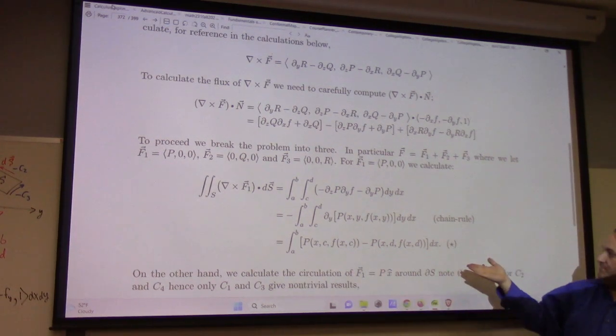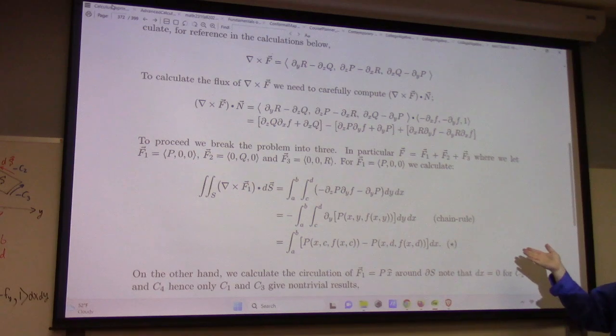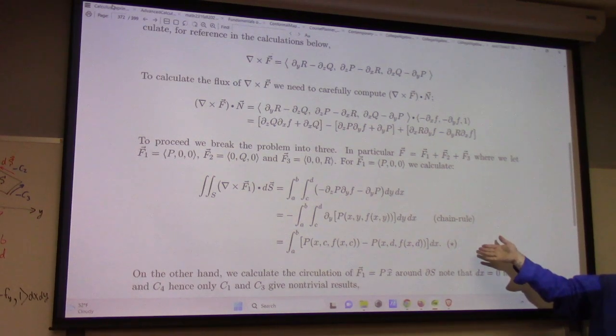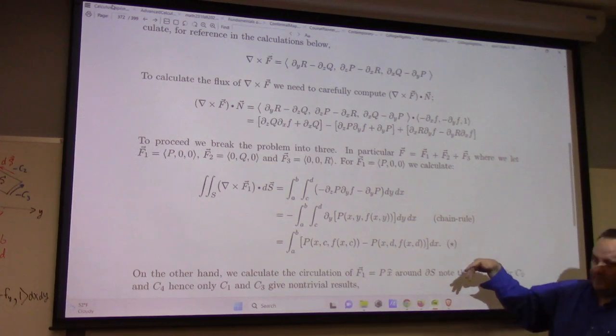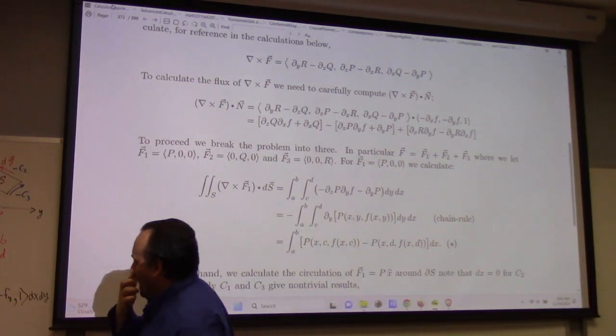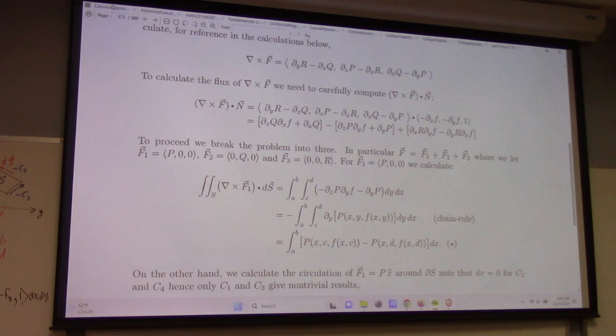But that, I put a star at because we're going to meet it in the middle. See, what I'm going to do is show you that this piece is exactly what you get from the line integrals. Part of the line integrals, I believe.